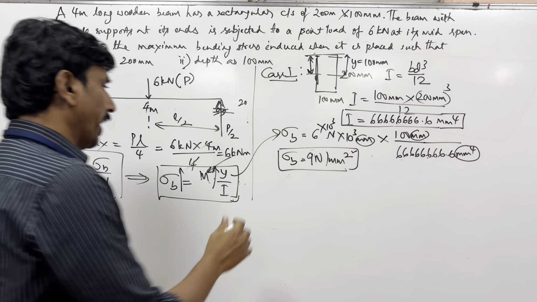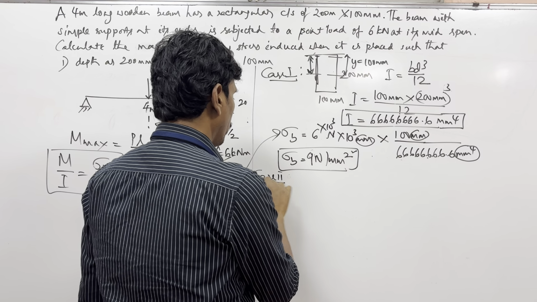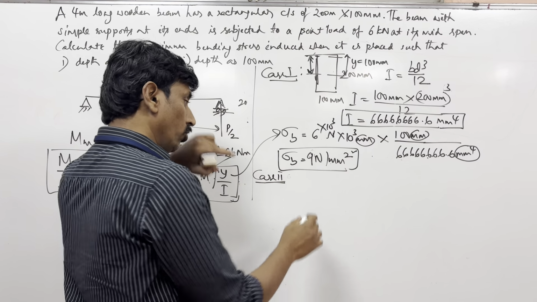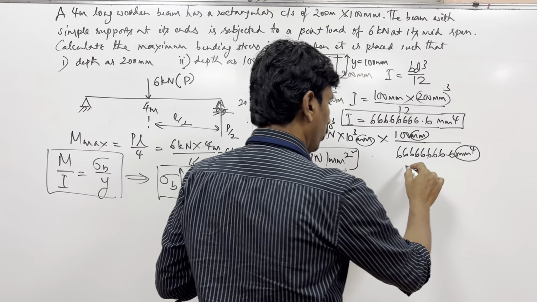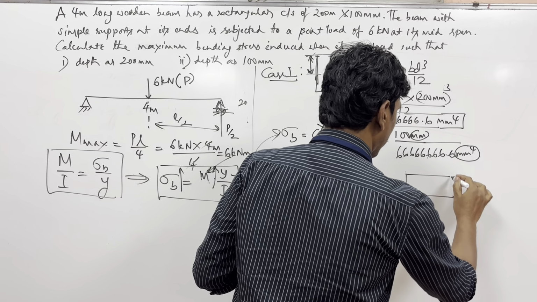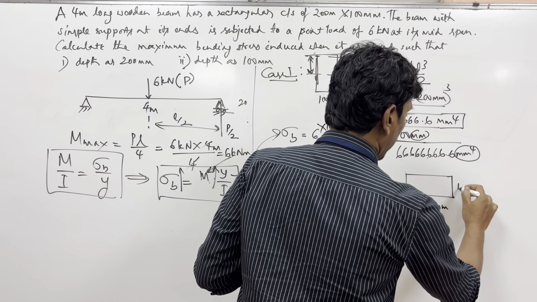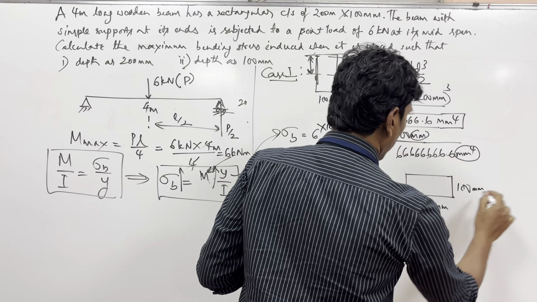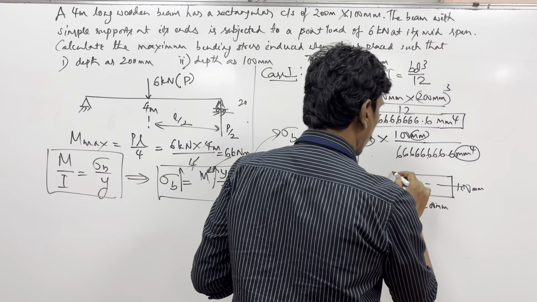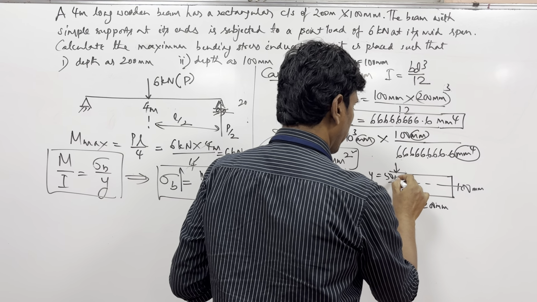Now let us see case 2. What is in case 2? In case 2, you have the beam placed like this, with 200 as breadth and 100 as depth. In this case, what is y? Y is 50.